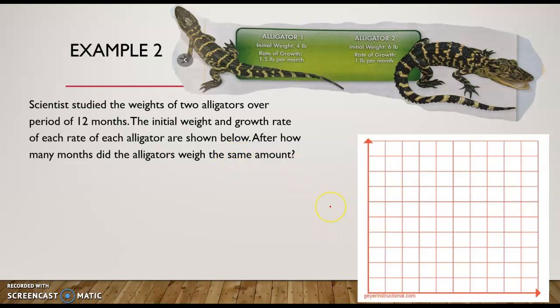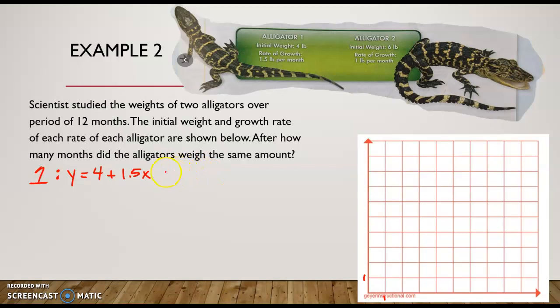All right, so I am counting by ones. I'm just going to put a 1 here and a 1 here so we know we're counting by ones. I'm going to take the information in the picture and I'm going to say for alligator 1, y is going to equal, we know that the initial weight is 4 plus 1.5 per month.